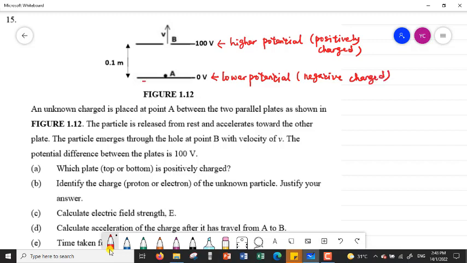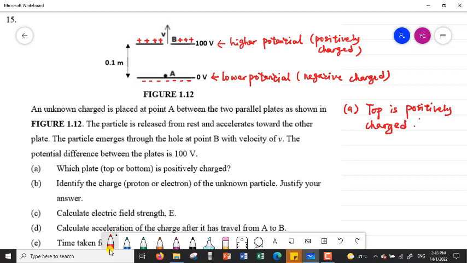Okay, so this means that here will be negatively charged, and here is positively charged. Clear? So we have answered question A, so I put it here. For question A, the top is positively charged. Why?